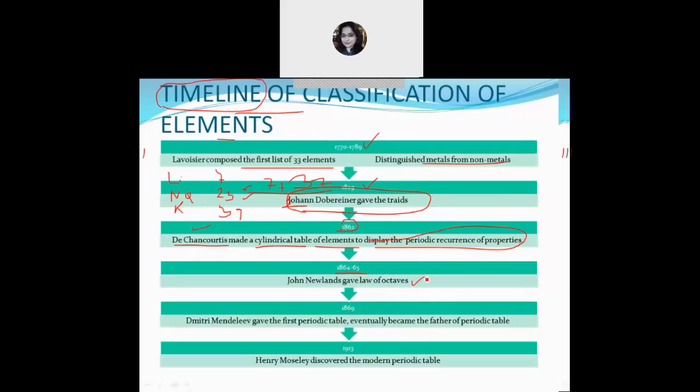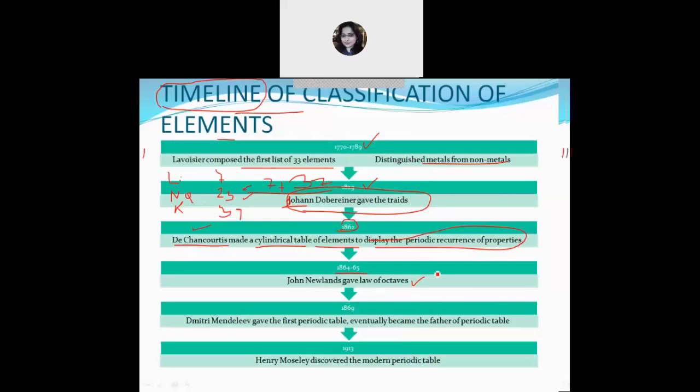So Newlands was a very musical kind of person. He liked music. So you can say it like this also. We know that in India we say there are 7 Indian notes, Sa Re Ga Ma Pa Dha Ni, and in Western music there are also 7 notes, Do Re Mi Fa Sol La Ti.